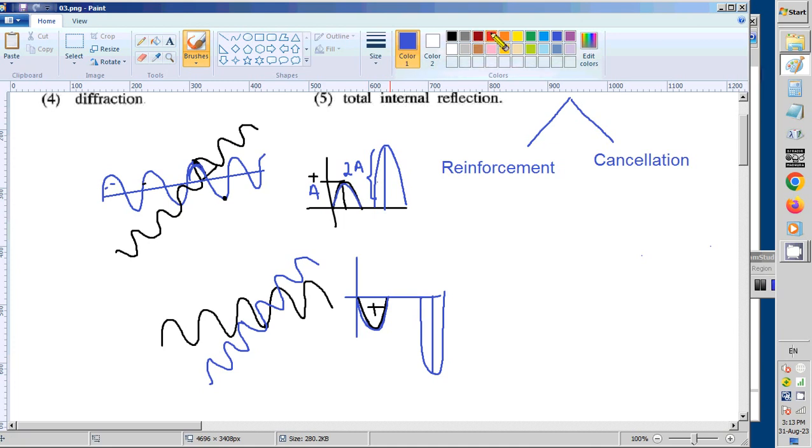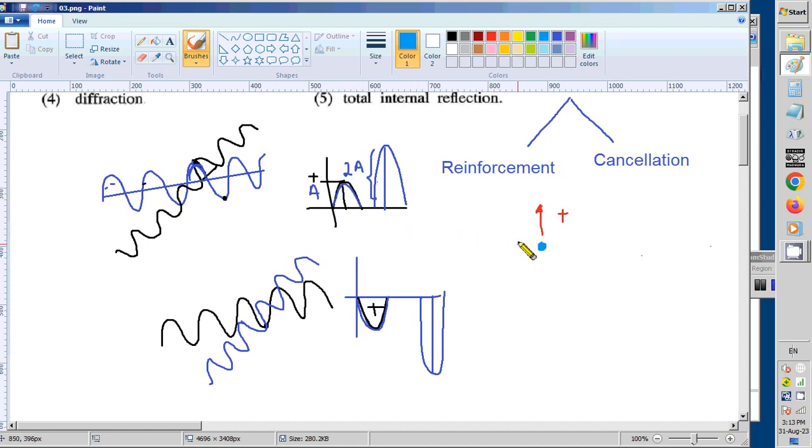If I explain it another way, imagine this upward direction is positive, and the water particle is like this. In this example, positives overlap each other.